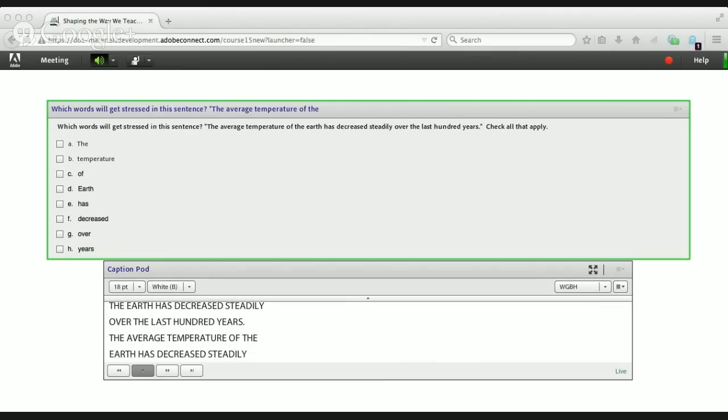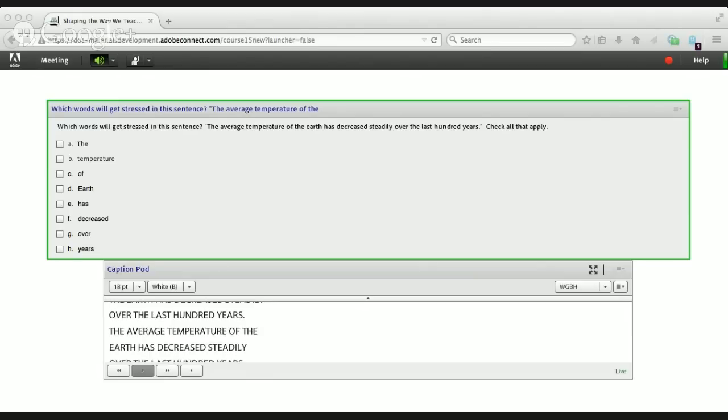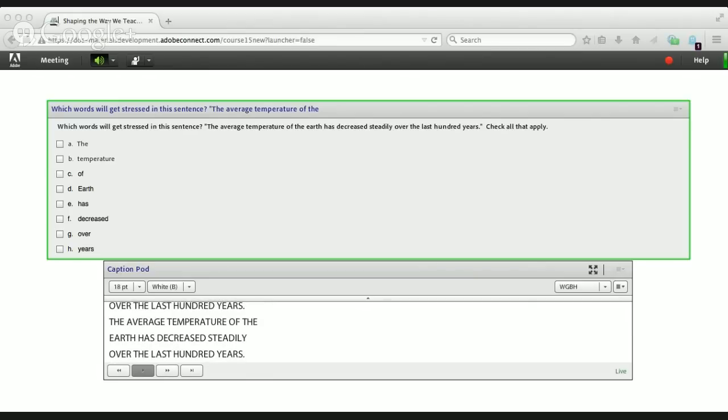So again, the temperature of the Earth has decreased over the last 100 years. Great, I see most of you getting this right. We're not going to stress the or of, a or c or e or g. Those are function words. We're going to be doing temperature, Earth, decreased, b, d, f, h. Okay, excellent. You guys are doing very well. All right.